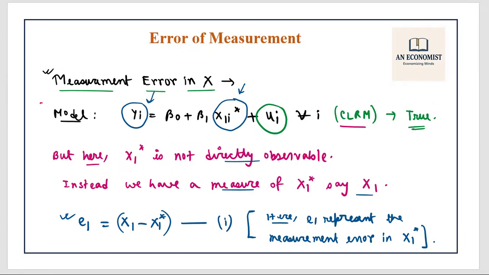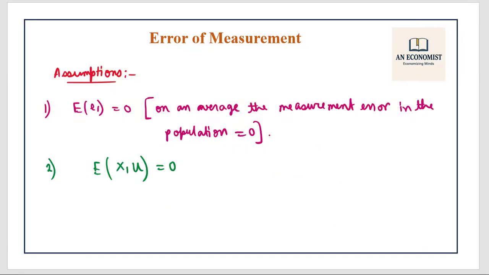So we'll assume that this u, that is the error term, is completely uncorrelated with the variable x1. Also, u is completely uncorrelated with the x1 star. So whether you take the original explanatory variable or the proxy explanatory variable, it will always be exogenous in nature because it is uncorrelated with the error term present in the model.